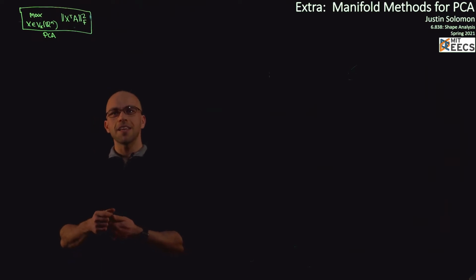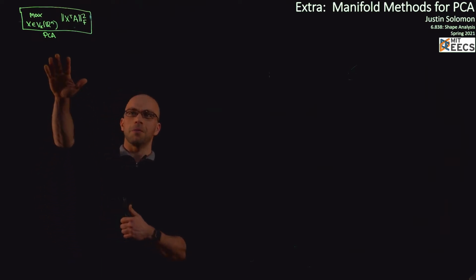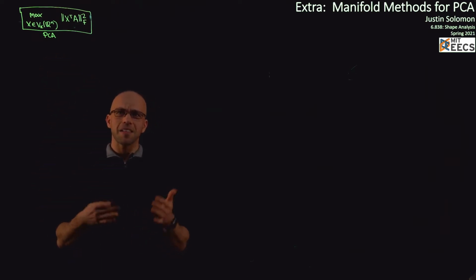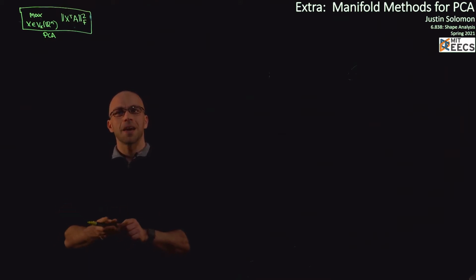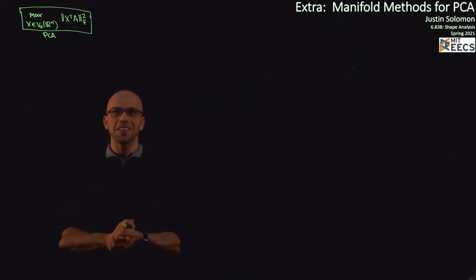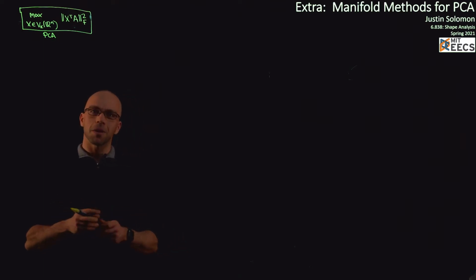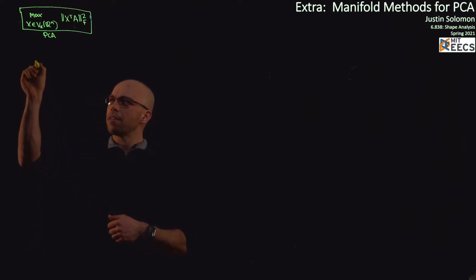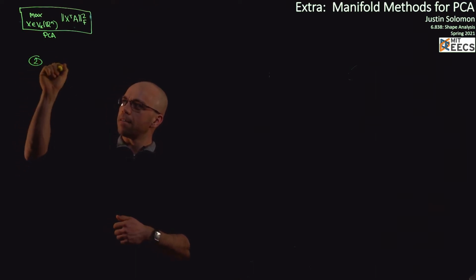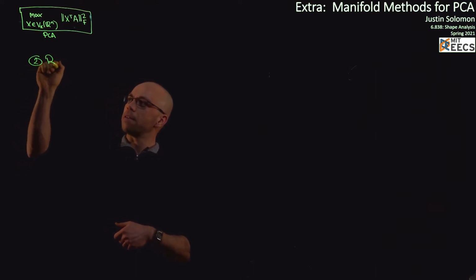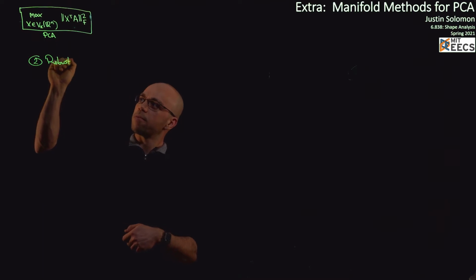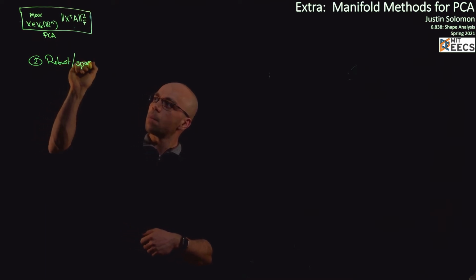Let's think about some variations of the PCA problem that we can get by just messing with the objective function here, and then our manifold optimization algorithm can work just as well with these variations as it can with the original problem. So one example here is what you might call robust PCA, or sparse PCA.